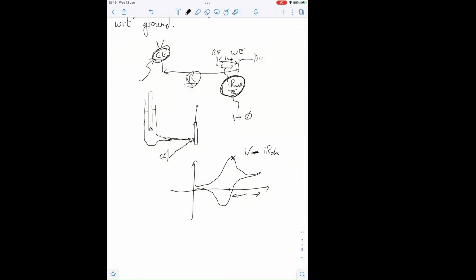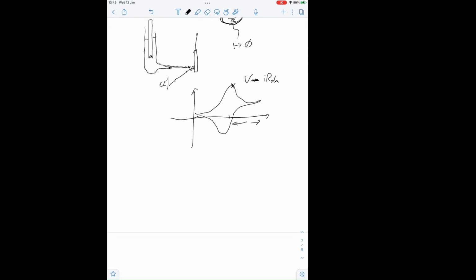In correcting the cyclic voltammogram, they've changed the data on the x-axis to take into account the IR drop, but they haven't changed the current. Whereas a true system, where you add extra voltage for the IR drop, corrects on the x-axis, but also it's applied the actual voltage, so it's also corrected on the y-axis. So be aware how your system is correcting for IR drop.